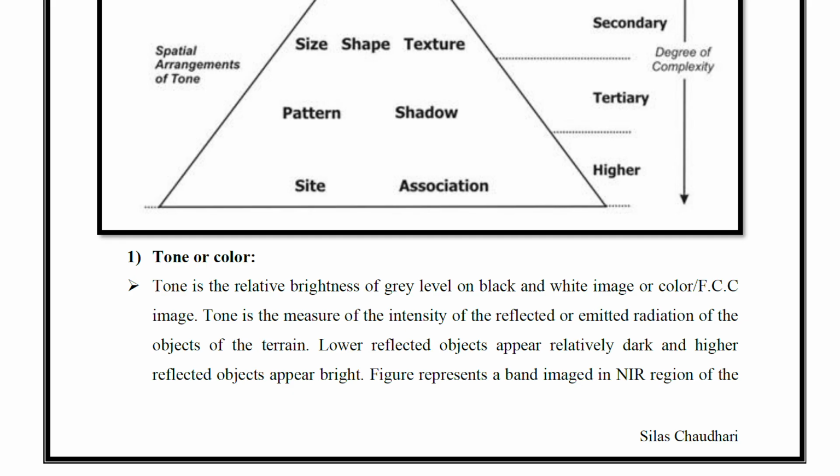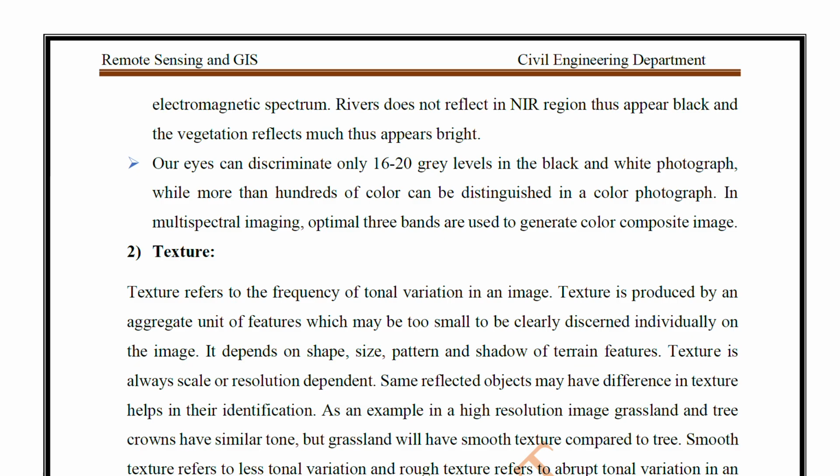The figure represents a band imaged in the NIR region of the electromagnetic spectrum. Water does not reflect in the NIR region, thus appears black, and the vegetation reflects much, thus appears bright.